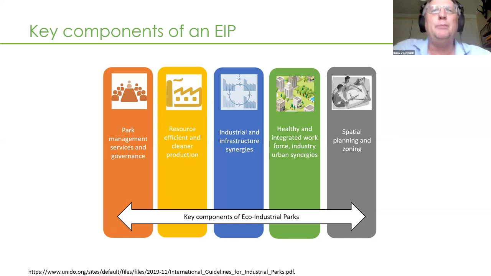Then, of course, the middle one, the blue one there, is called industrial and infrastructure synergies. So what we're talking about here is we want to leverage on the benefit of symbiosis. Okay, so one company has a certain waste product and it's used by another company as an input product. All right.